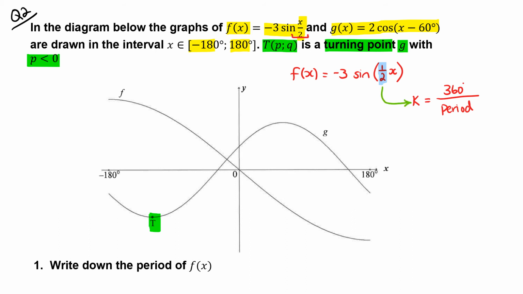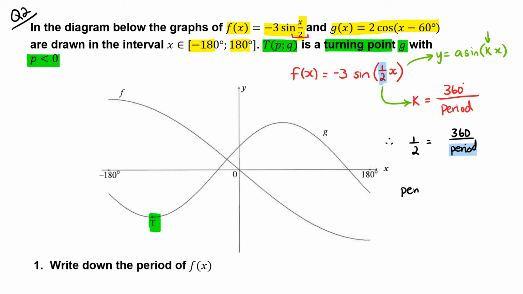Because we know that the normal standard form would be y is equal to a sine kx. And so that k is whatever comes in front of the x. So when we substitute that in, we get a half is equal to 360 over the period. So we want to go ahead and make the period the subject of the formula.